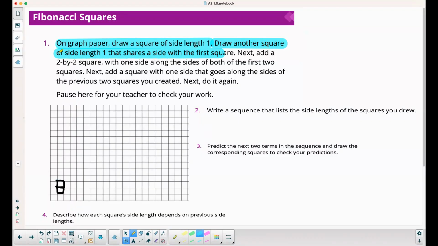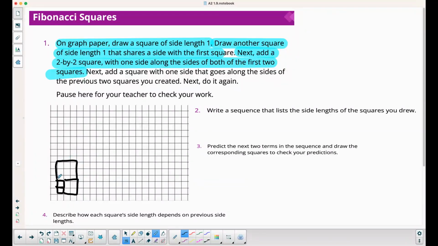Next, add a 2 by 2 square with one side along the sides of both the first and the second. So let's go over here, 2 by 2 square. Next, add a square with one side that goes along the sides of the previous 2 squares. Okay, so I'm going to go up here. So this is 3. So it has to be the same length.